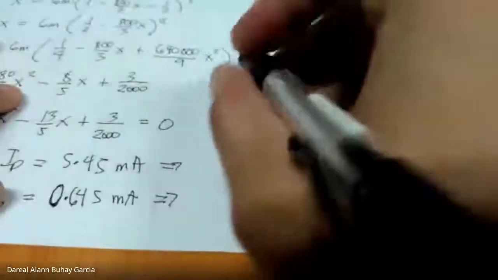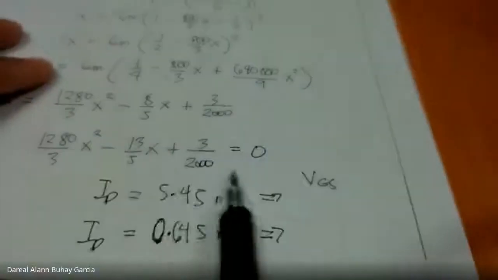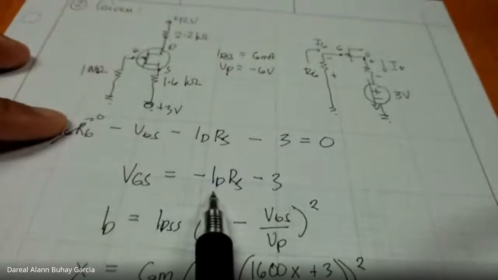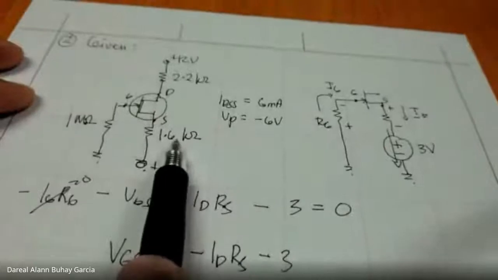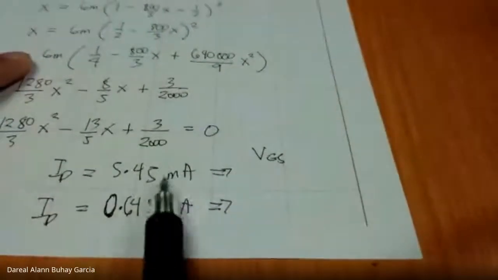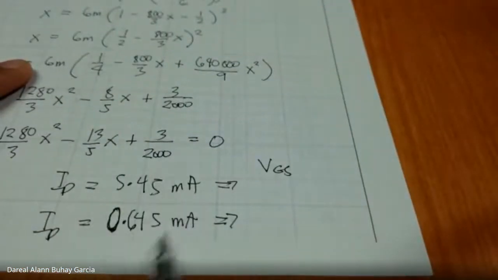Okay. Now, if we'll use these values to solve for VGS, and VGS is negative IDRS minus 3, and RS is 1.6K, pila ang mga VGS ani tagsa-tagsa?